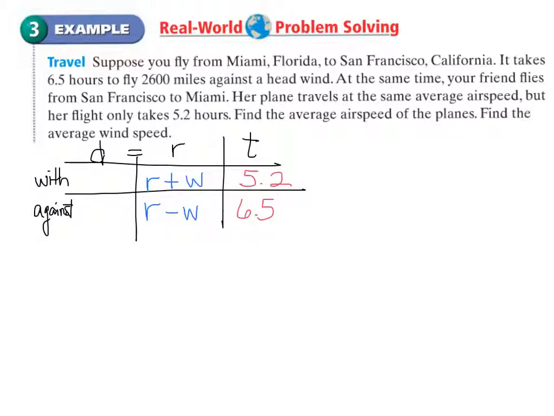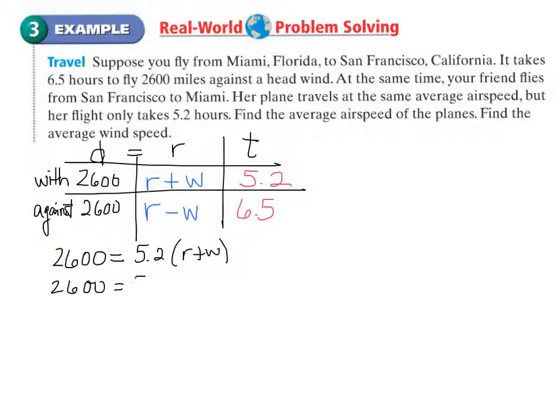So the distance is going to be 2,600. And now we set up our equations. 2,600 equals 5.2 times R plus W, and 2,600 equals 6.5 times R minus W.